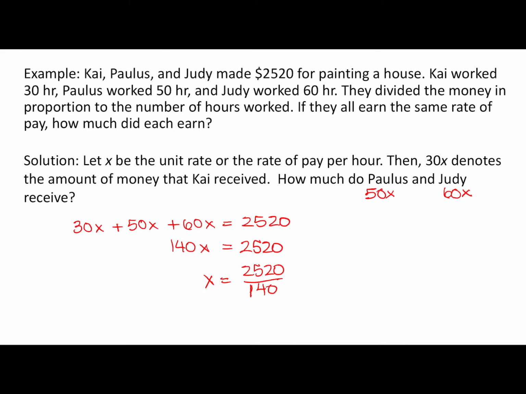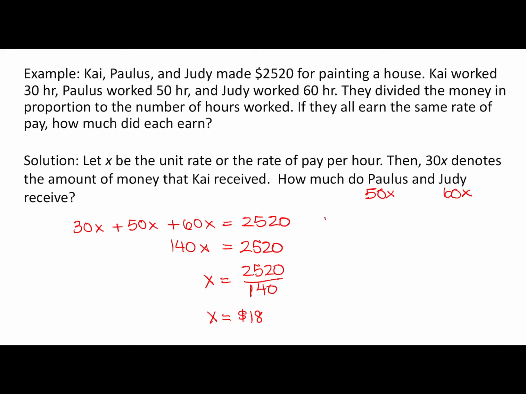At this point, you've done lots of dividing, so I'm just going to pull out my calculator for the sake of time. 2,520 divided by 140 gives me $18. And so they each get paid $18 per hour.